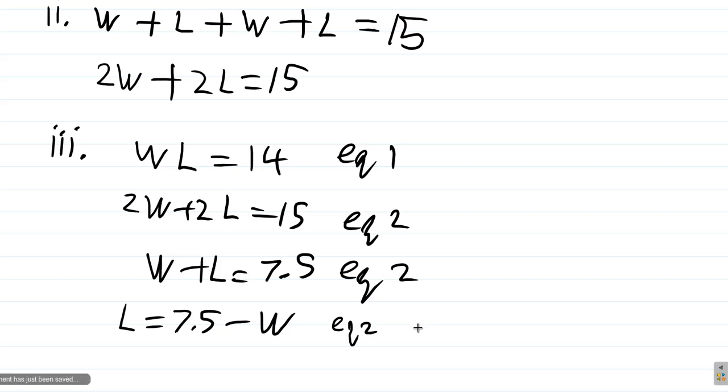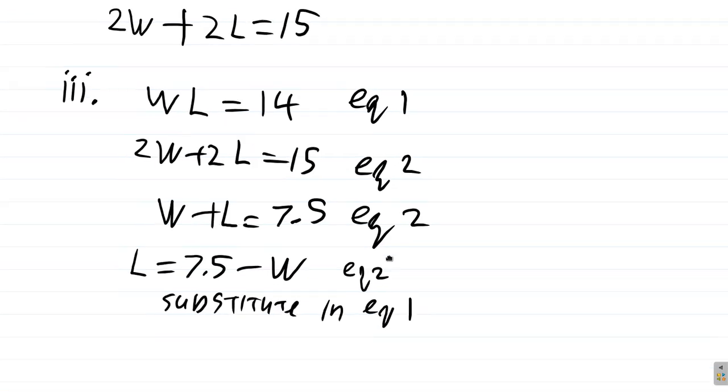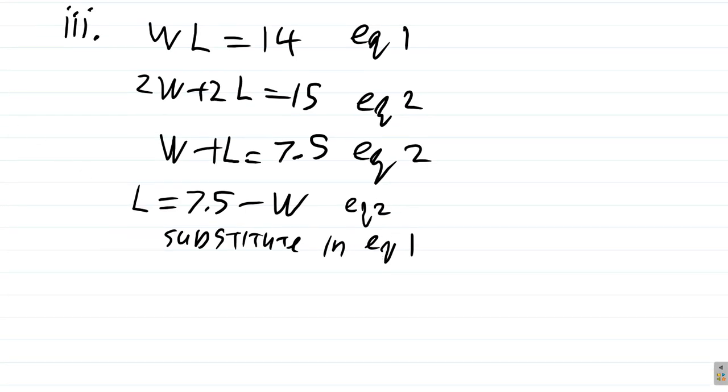See that? Now, substitute in equation 1. Equation 1 says W multiplied by L is equal to 14. But L is 7.5 minus W. So when we do that, we will have only one unknown.